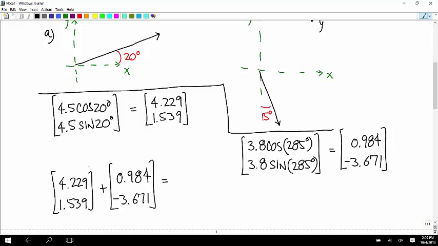To get the x component of the resultant vector, you just add the x components. 4.229 plus 0.984 is 5.213. And then the y component, 1.539 plus a negative 3.671 is negative 2.132. And so that's the answer.